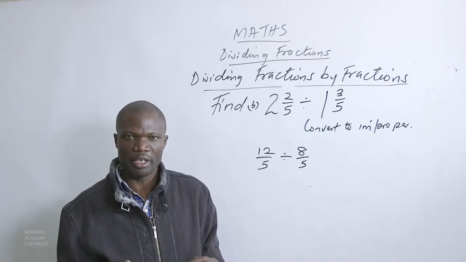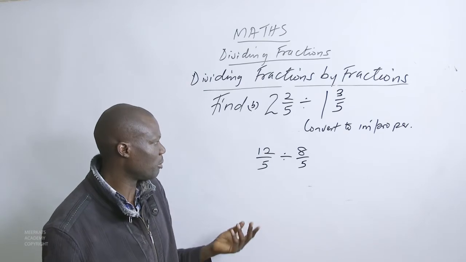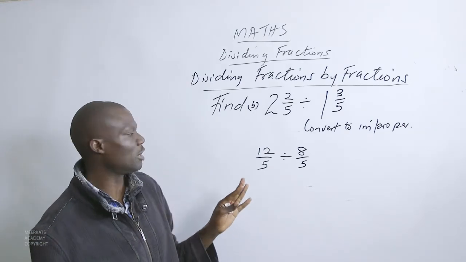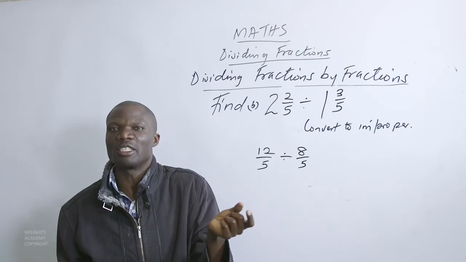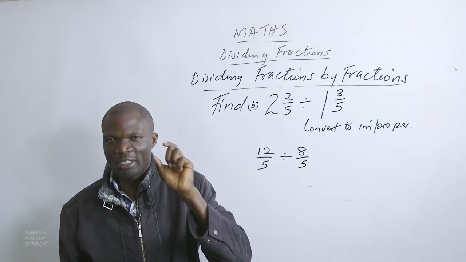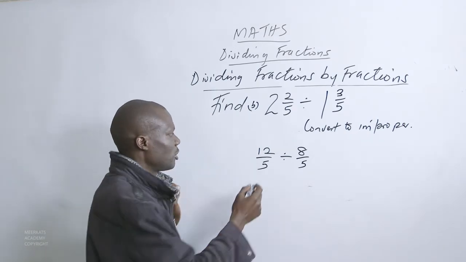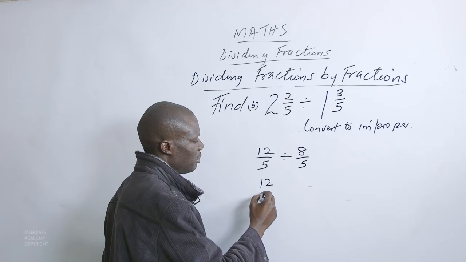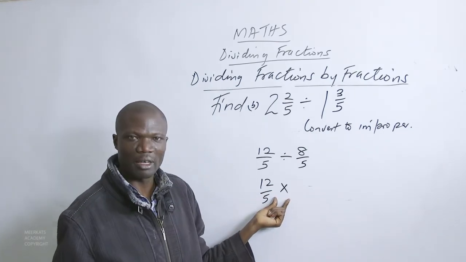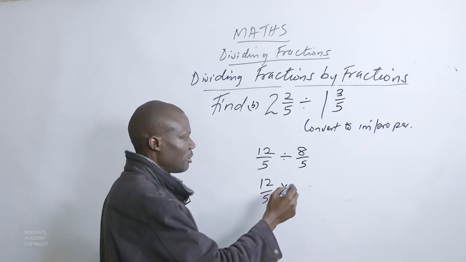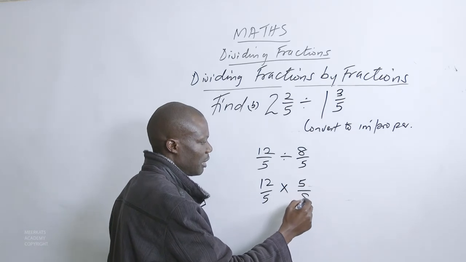Now we are ready to start our division. We are dividing two fractions, so it's the same as multiplying by its reciprocal. So it will be 12 over 5 multiplied by the reciprocal, which is 5 over 8.